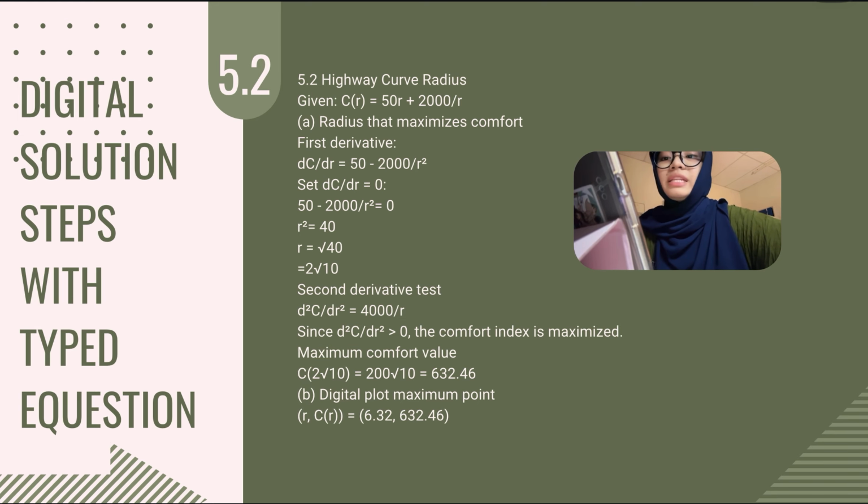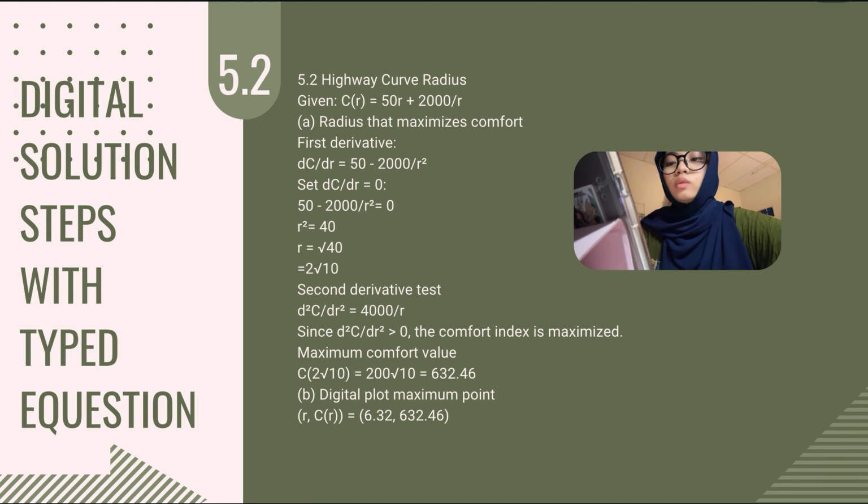To confirm that this value gives a maximum comfort level, we use the second derivative test. The second derivative is 4000 over R. Since this value is positive, it confirms that the comfort index is maximized at this radius.